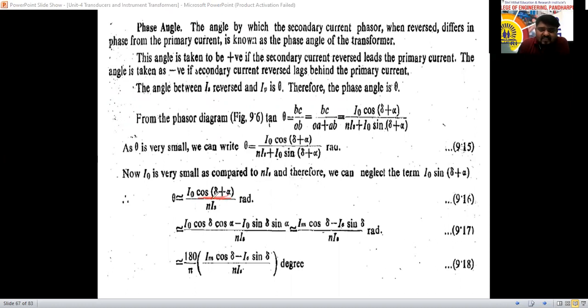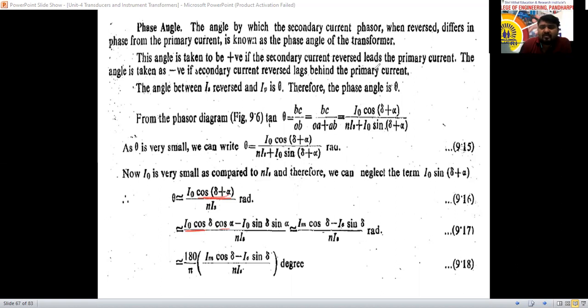So by applying the A plus B formula, cos A cos B minus sin A sin B. Yes or no? So applying that here, cos delta cos alpha minus I naught sin delta sin alpha, they have used here. So I naught cos delta is called the maximum value here.